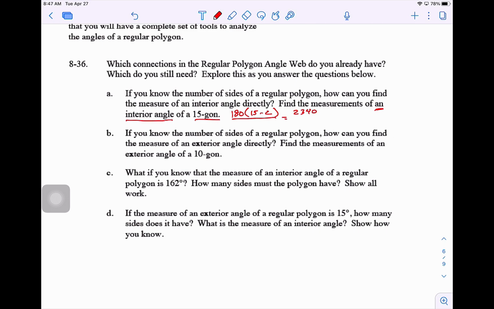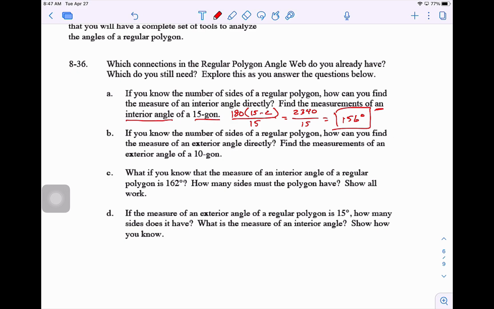And then I want each angle. I don't want all of them total. I want to find each one individually. So because it's a regular polygon, we can divide it equally amongst the 15 angles, and you should get an answer of 156 degrees for that problem. Each one of those 15 angles should be 156 degrees of your 15-gon.